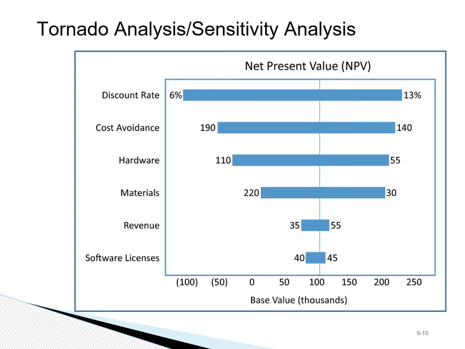In this example, it's net present value based on variance of particular assumptions or risks. In this example, we see that the discount rate has the most impact on the project net present value.